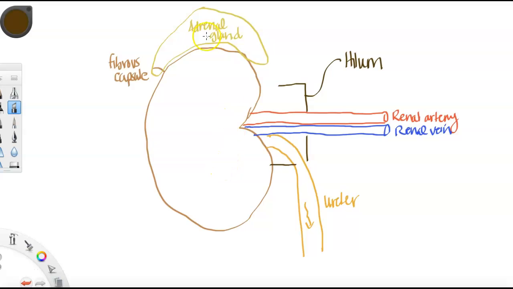All right, if we were to slice the kidney in half long ways, inside, the microanatomy of it would look a little bit like this.